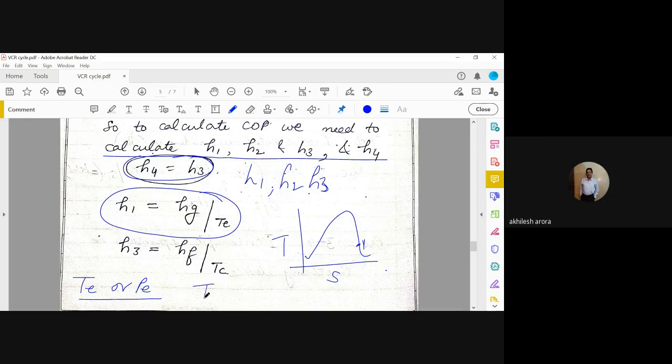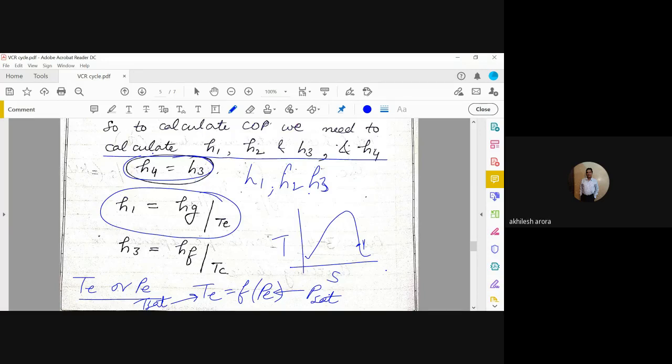That means the evaporator temperature is a function of PE, or it is nothing but T saturation. And this is P saturation. Both are dependent on each other. So if we know any one property, if we know the evaporator temperature, I can find out the value of the evaporator pressure from the refrigeration tables. Now you need to have the refrigeration tables with you for solving the numerical problem.